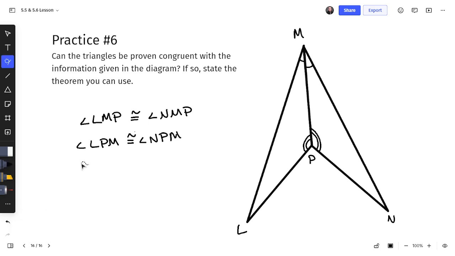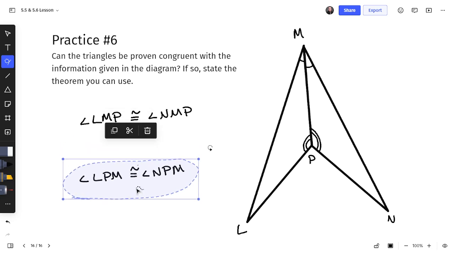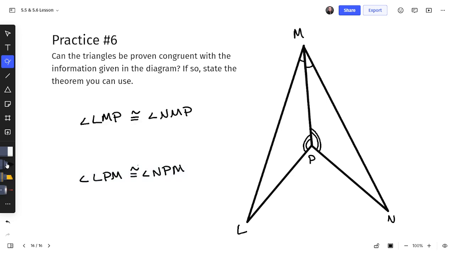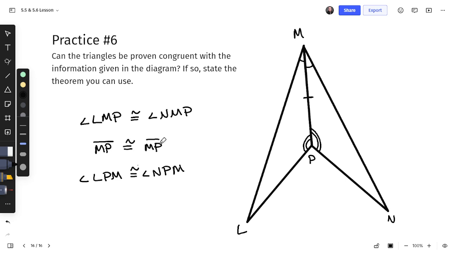But right in between those two angles, there's a side, isn't there? There's this side where both of the triangles touch. It is the same segment, MP. And by the reflexive property of congruence, segment MP is always going to be congruent to itself. So side MP is always congruent to side MP.